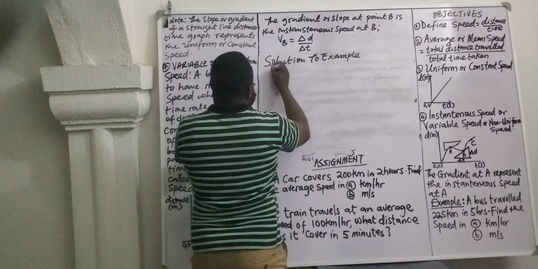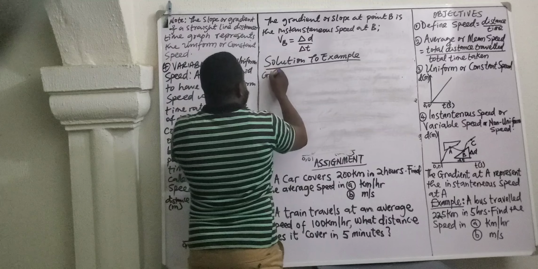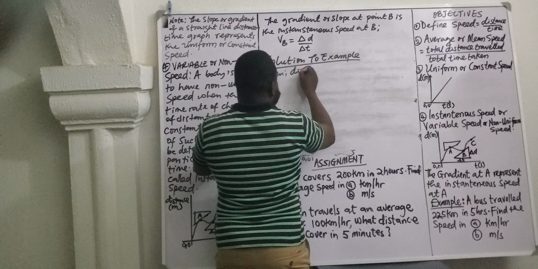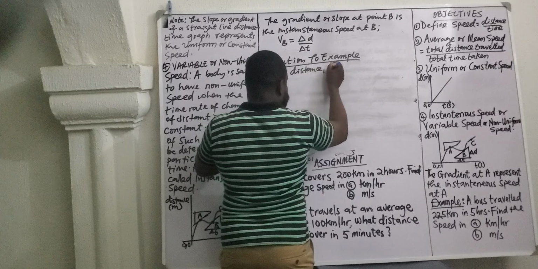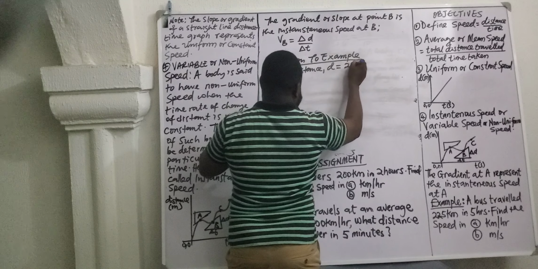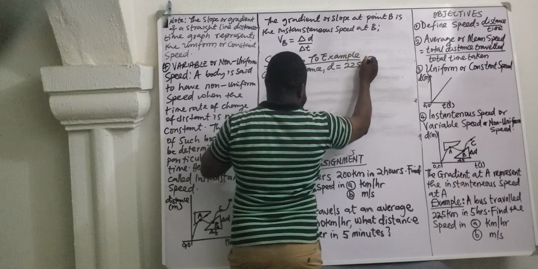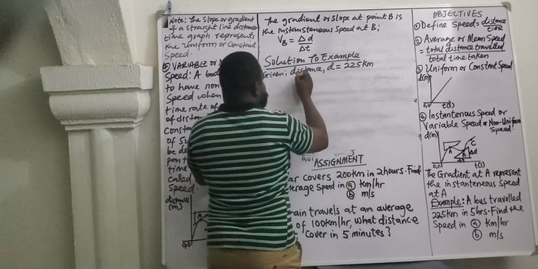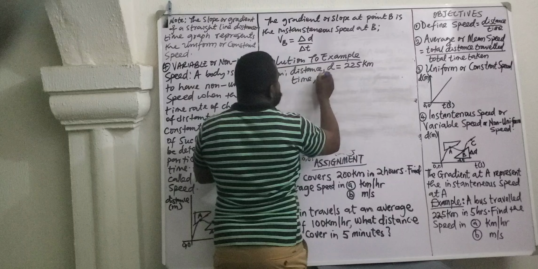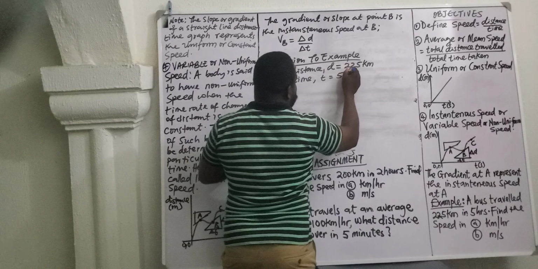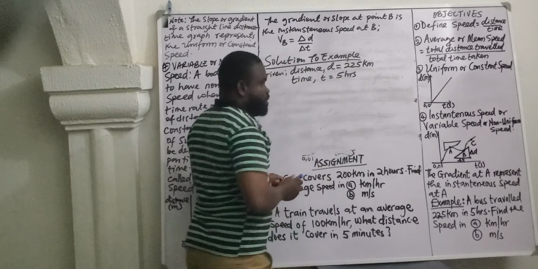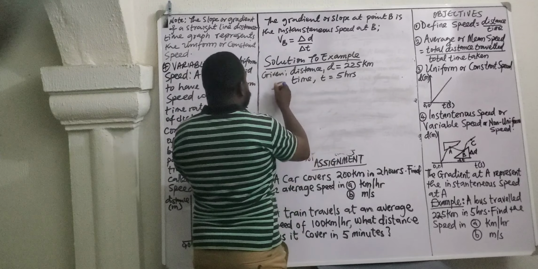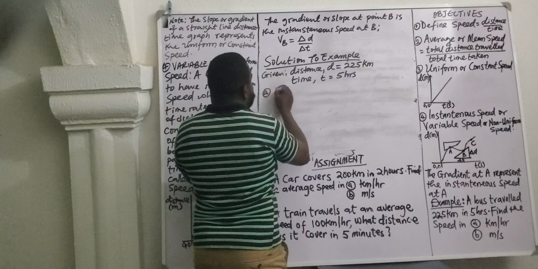So we say given. We are given from the question the distance. The distance D is given as 225 kilometers, and we are given the time T as 5 hours. Now, the first part says we should find the speed in kilometer per hour.